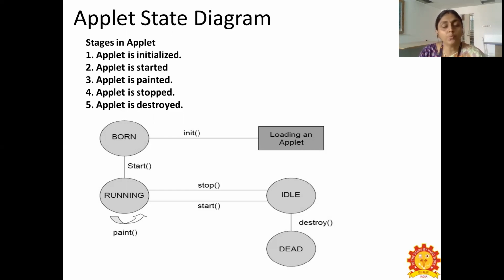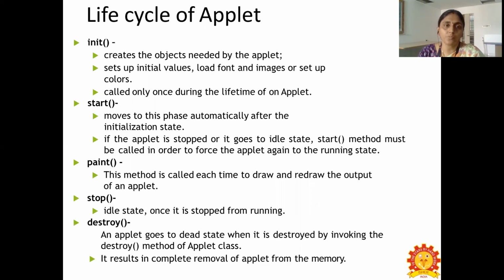And when you're not going to use the applet any further, you can kill the applet using the destroy function, where the applet enters the dead state. So this is the detailed explanation of the life cycle of an applet.